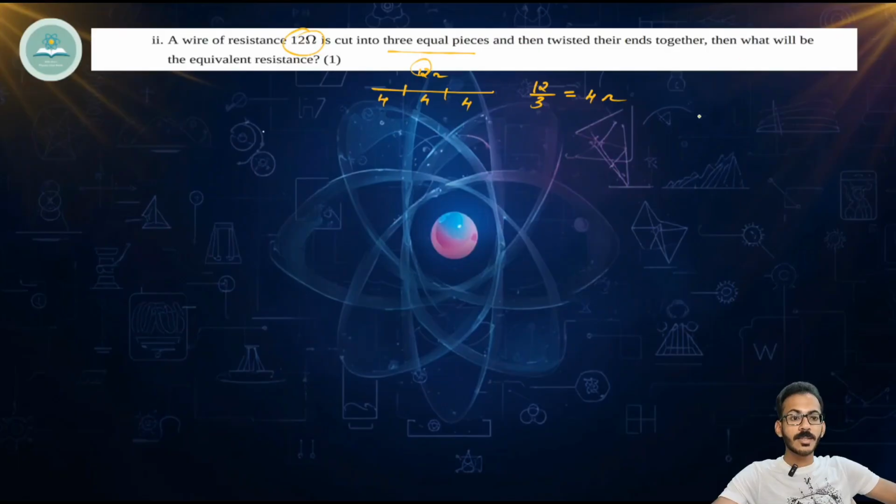So each piece is separated like this and their ends are twisted together. What kind of connection is this? This is a parallel connection.